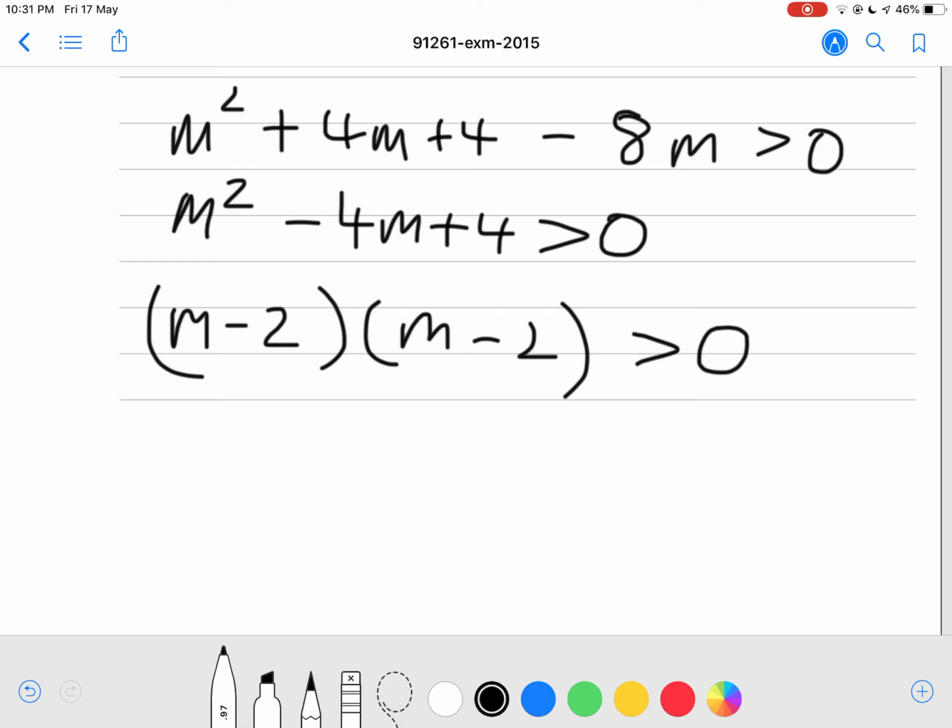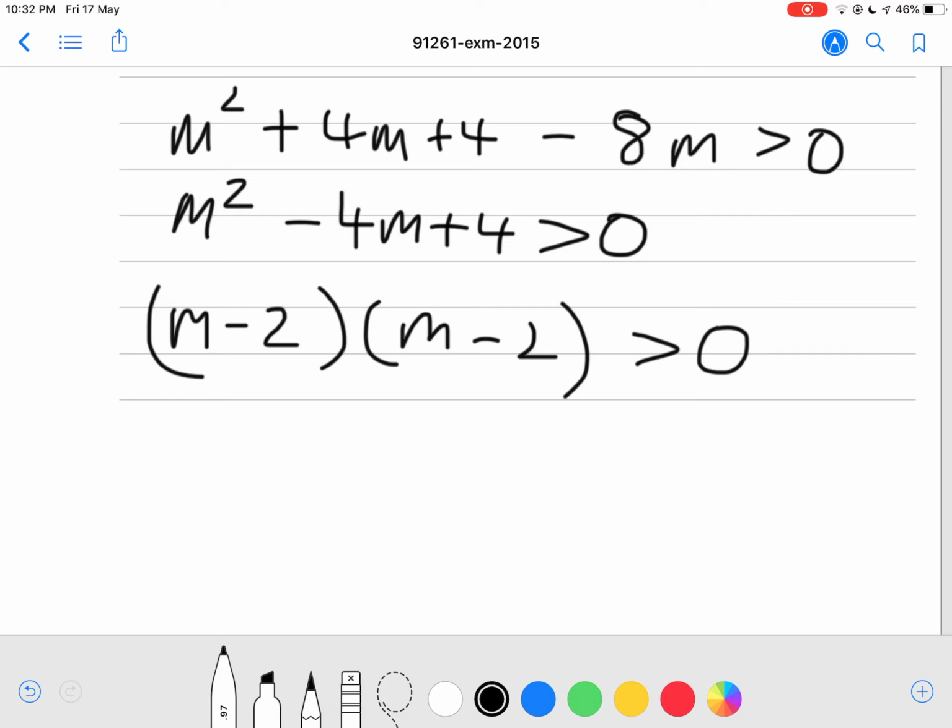Therefore, when m equals 2, it will equal 0. So basically, in order for this to be more than 0, right?